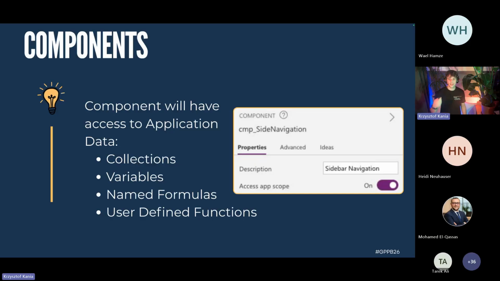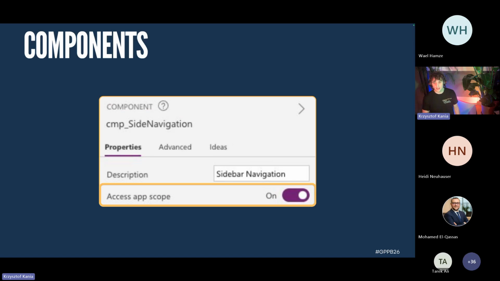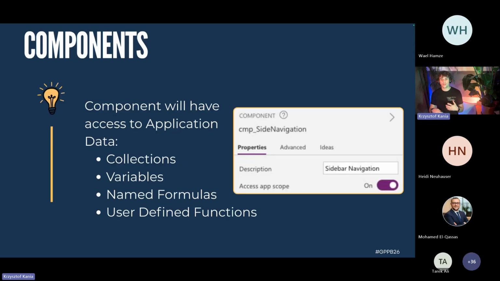So we have to enable access app scope to be 100% sure that those are visible. You do not have to enable it; you can stay and provide input properties like collection variables, named formulas, or user-defined functions to be available inside your component. So you can always provide extra security to it.